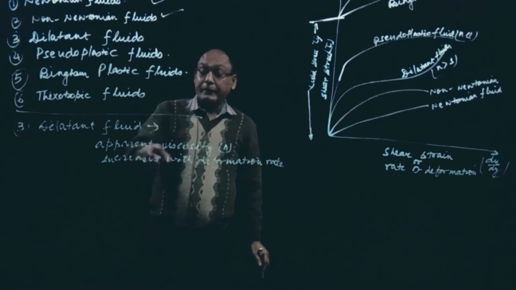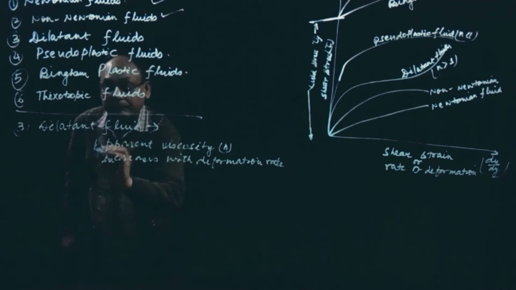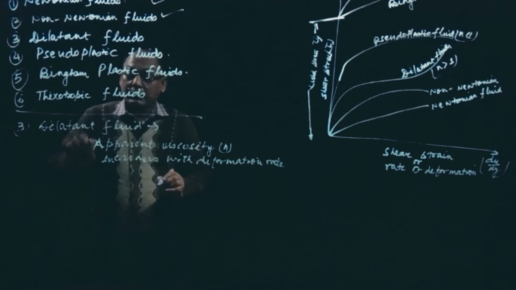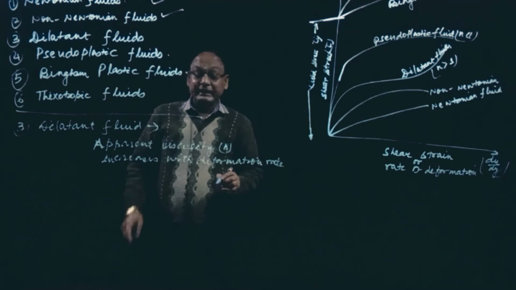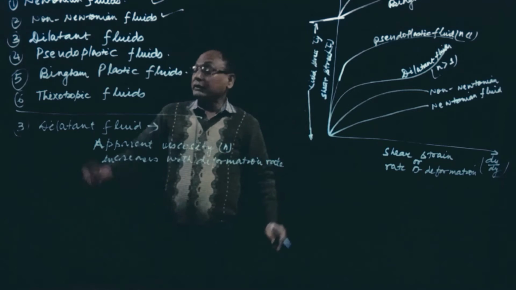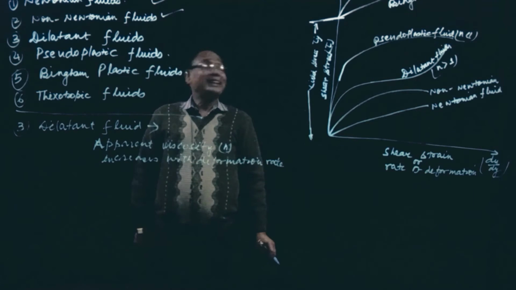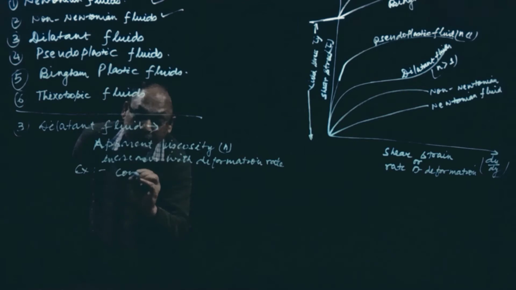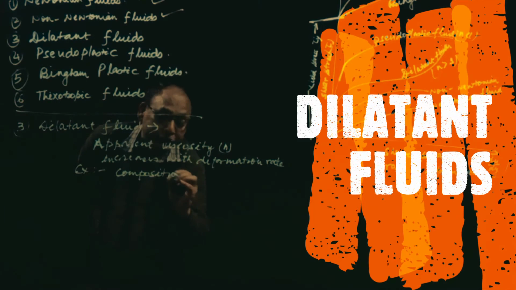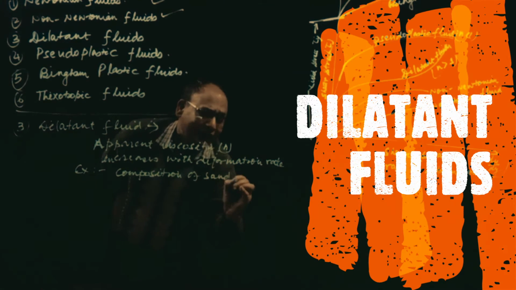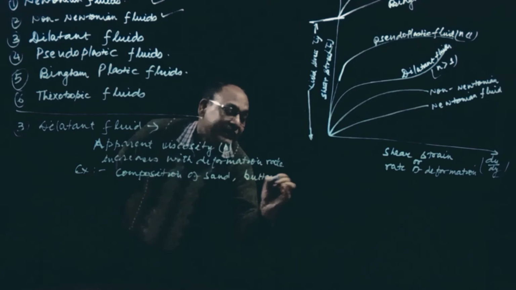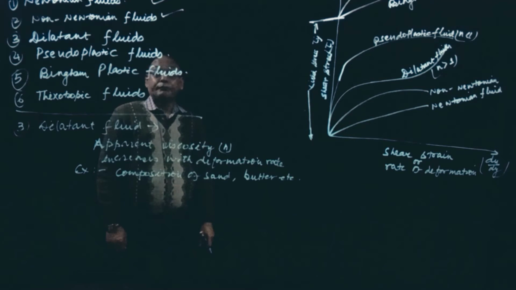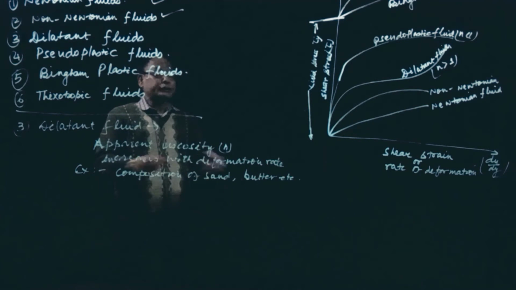Apparent viscosity n increases with deformation rate. For example, we can take a mixture of sand or butter, etc. So that is dilatant fluid, in which apparent viscosity increases with the deformation rate.